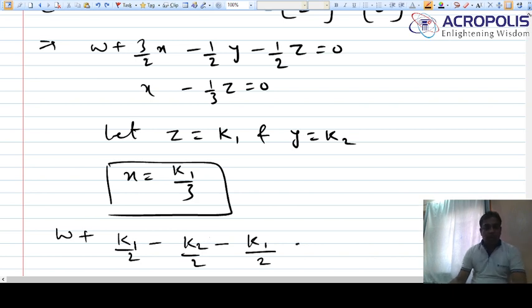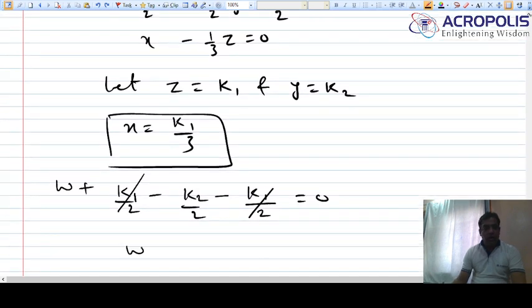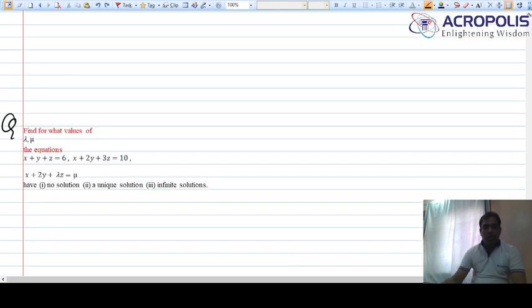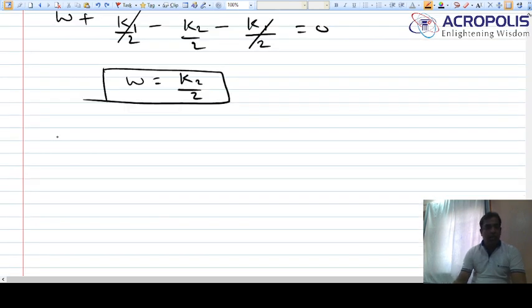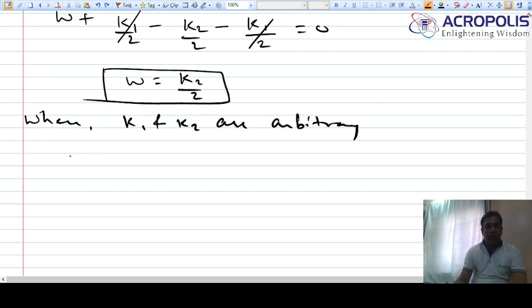This k1 by 2 cancels out and we'll get w equal to k2 upon 2, where k1 and k2 are arbitrary constants.